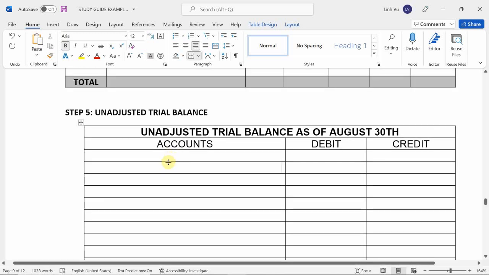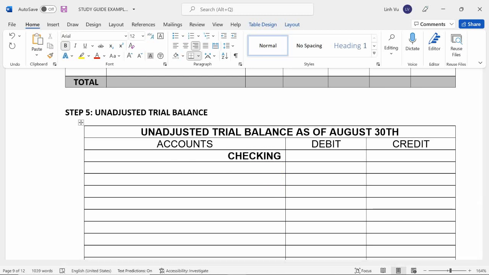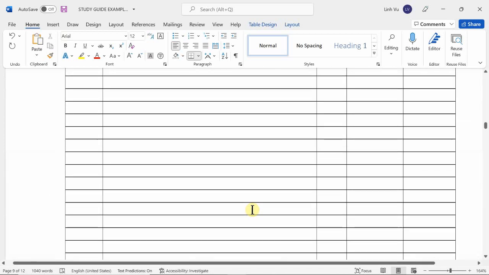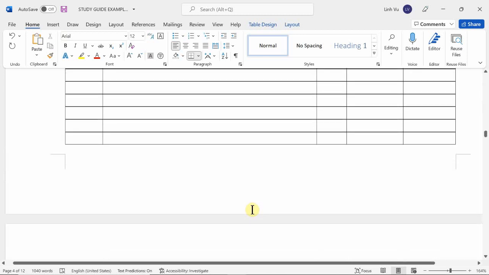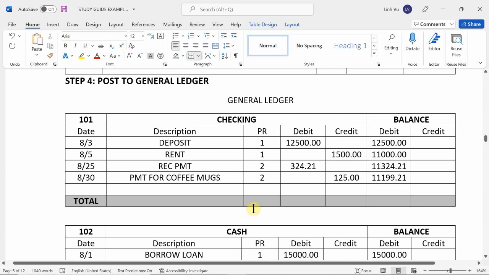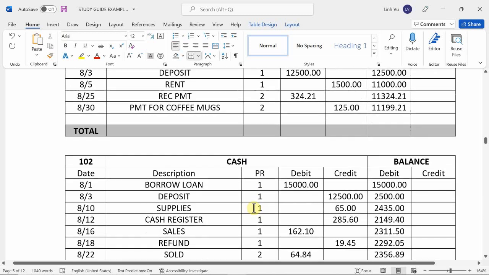Starting with the first account, I can tell you right now, it's checking. Checking is your first account. From that last transaction we just completed, I have 11,199.21. So my checking account is right now 11,199.21.